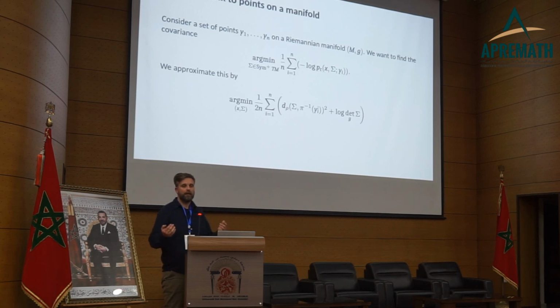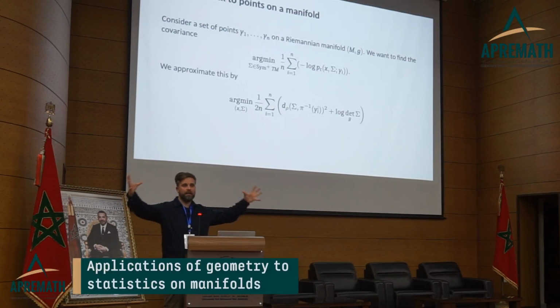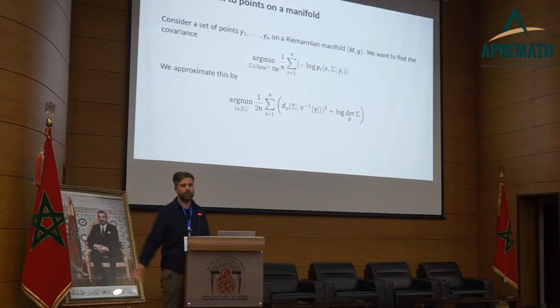So if I don't have any restrictions on sigma, I can just make the covariance matrix as big as possible, have the largest eigenvalues possible, and that will be the shortest, right? So I have to compensate for that a bit, and so this becomes this approximation here.